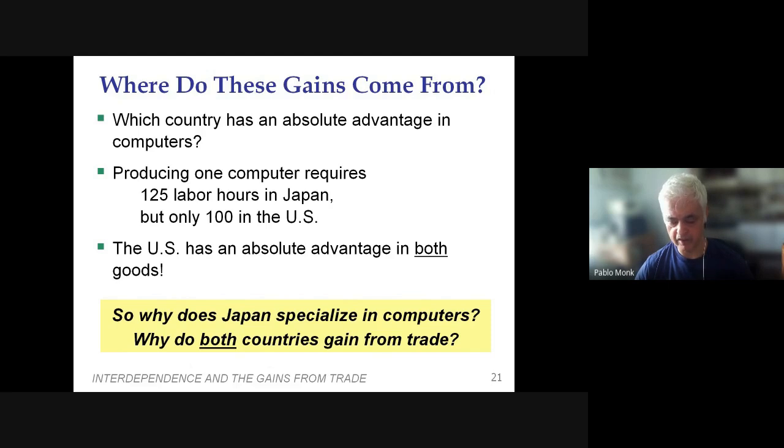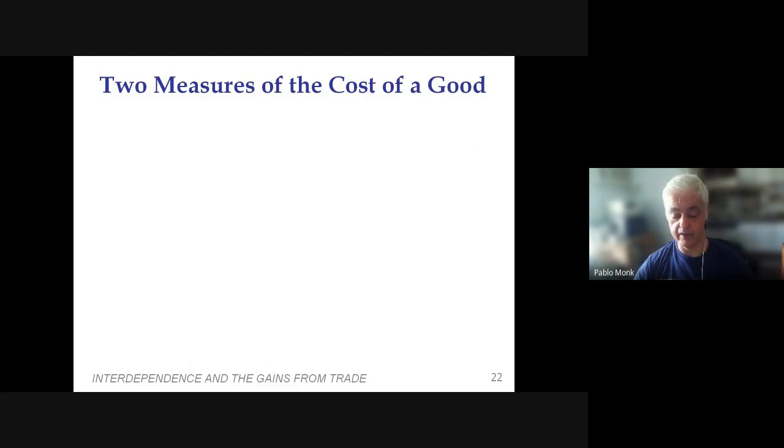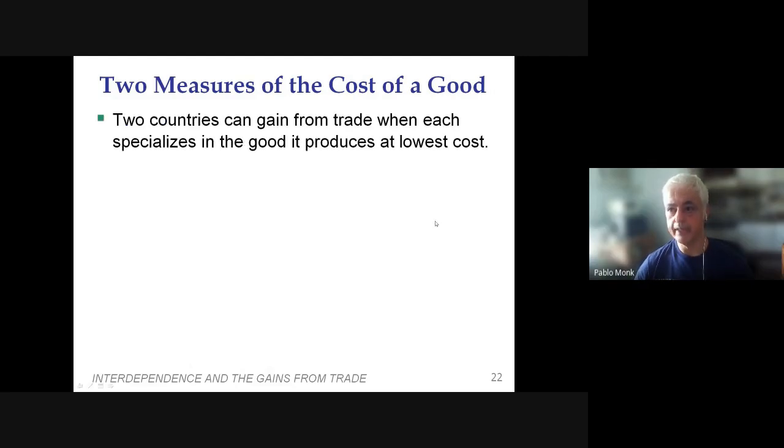Okay, so the question is, in this case, Japan is actually worse than the US at both, but we should still specialize in something. And Japan decided to specialize in computers. Remember, whenever we talk about goods, like when we looked at that PPF, you're always making a comparison, right? Everything is about comparison. So we can gain.